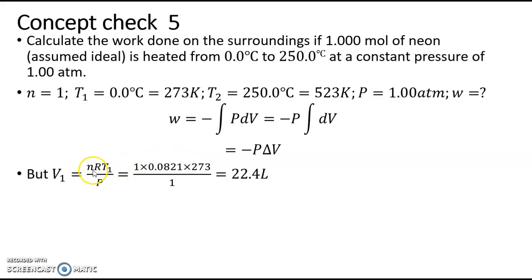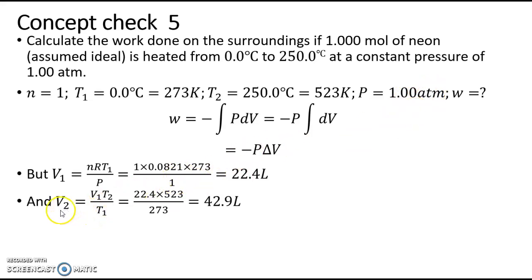So V will be, using the initial temperature, we obtain 22.4 liters. n is 1, R is 0.0821. Note that we're using 0.0821 for R because we have kept our pressure in atmosphere. It was not converted. Similarly, we can calculate V2. We can also calculate V2 by nRT2 over P, or we can use Charles' law to calculate it, and we arrive at 42.9 liters.